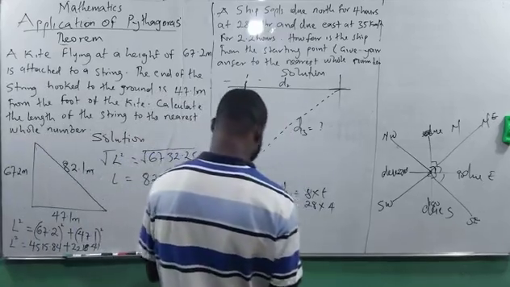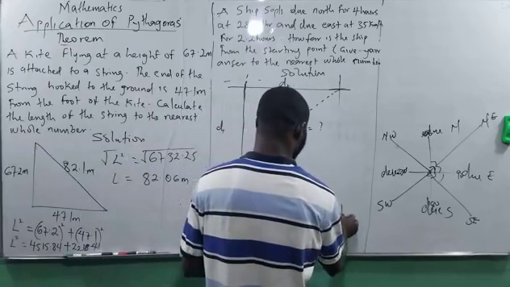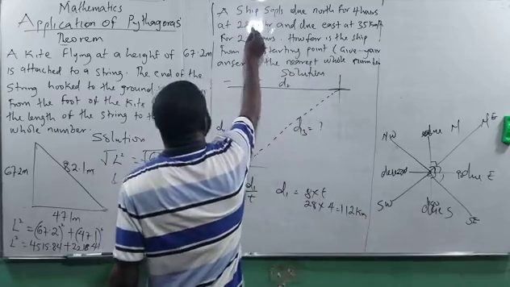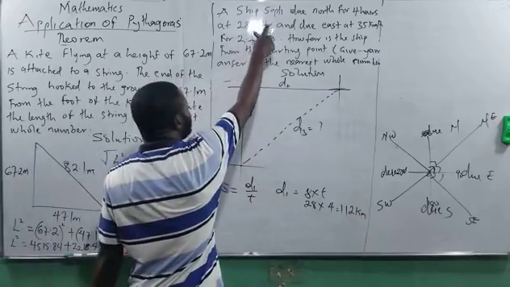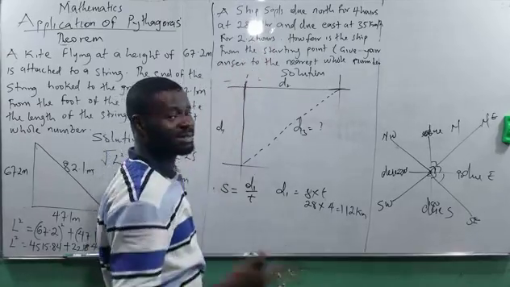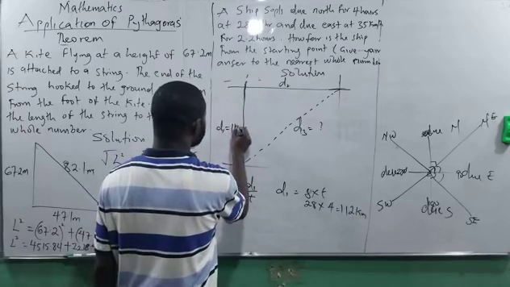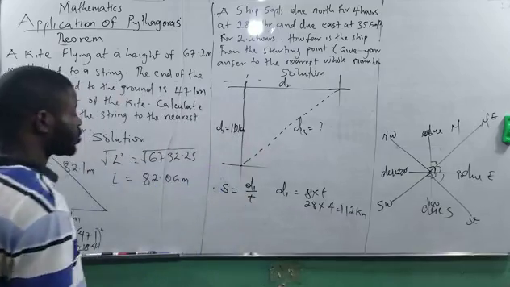Now 28 times 4, I will be having 112 kilometers. It is in kilometers, and mind you, kilometer per hour, meter per second, you have to understand those things. So here is 112 kilometers.